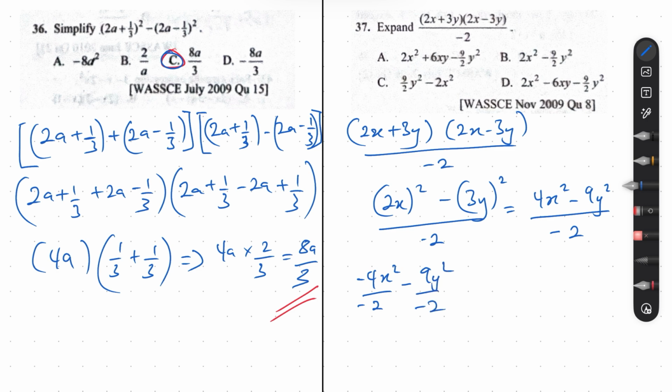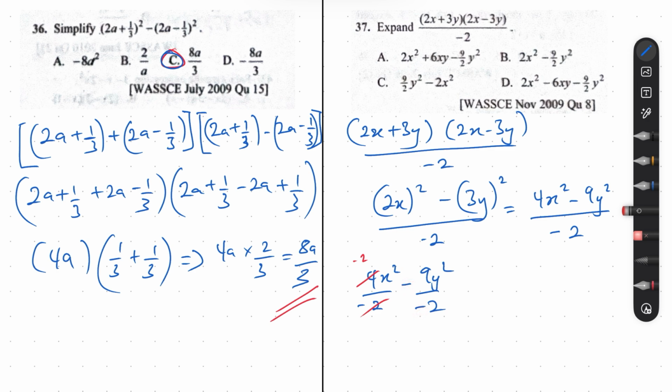Okay, so negative 2 can cancel 4. Sorry, where do you get negative 4? That's not negative 4. It's supposed to be positive 4. This right here is positive 4. So negative 2 would cancel here. How many times? We still have negative 2. Now here on the other hand, we cannot cancel anything out. But then we see that this negative will affect this negative and it becomes positive.